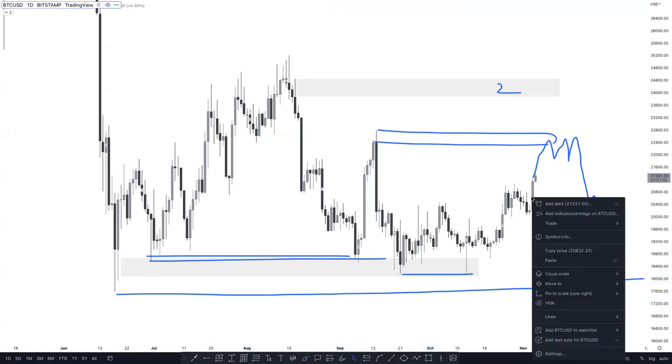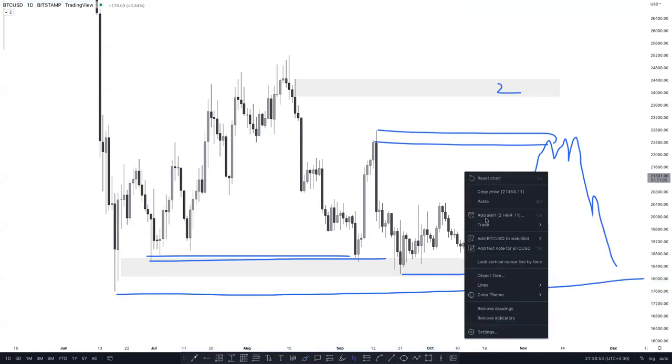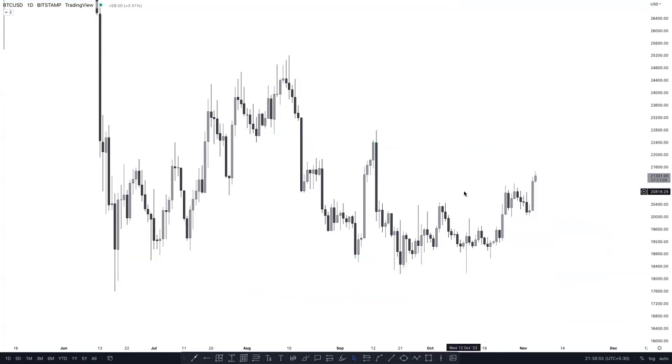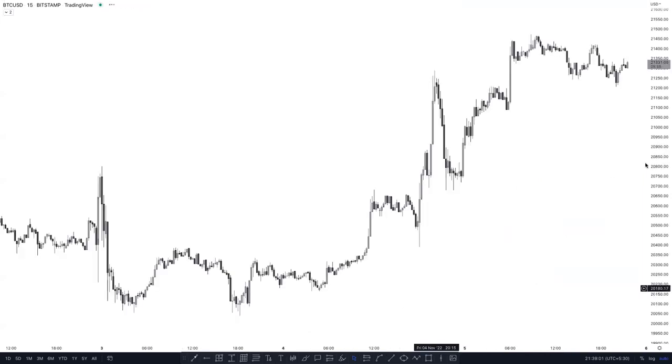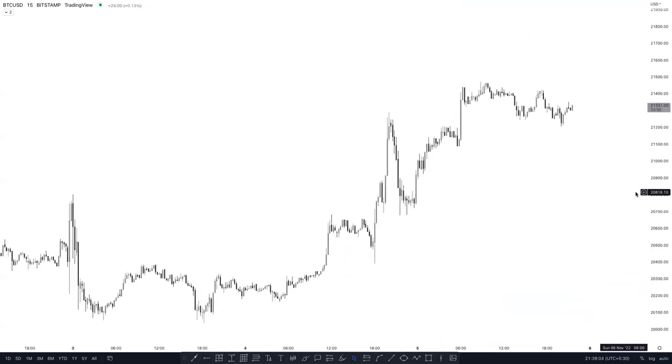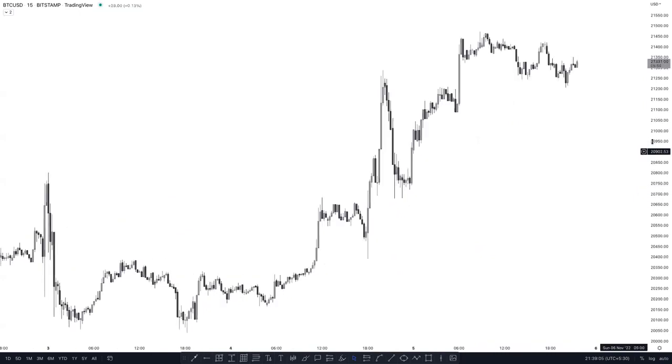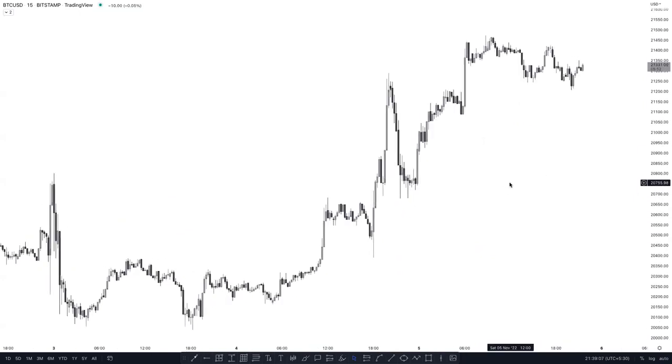And switch to the lower time frame, the 15-minute structure. So this one is our 15-minute structure. Everyone, mark the valid lower low and higher high here. So marking the structure is here, everyone.